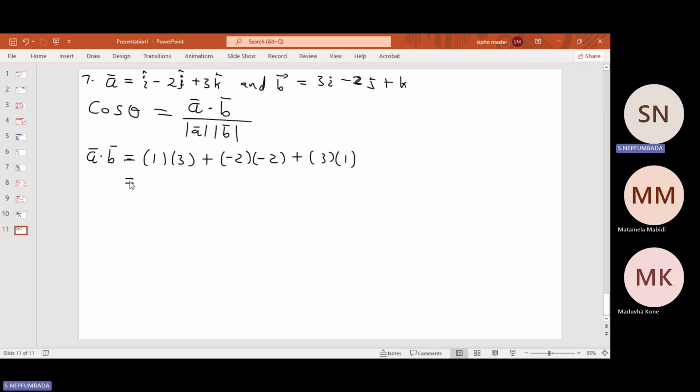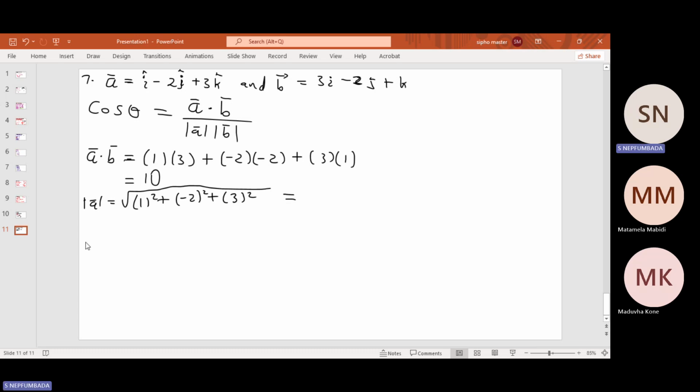3 plus 4 plus 3, 7, 10, right? You are too slow to press the calculator, you guys. Then we're going to have what now? The magnitude of A, which is equal to the square root of 1 squared plus minus 2 squared plus 3 squared.